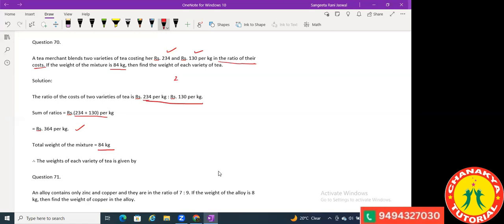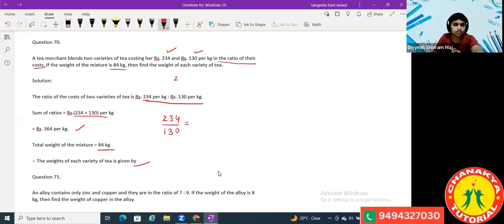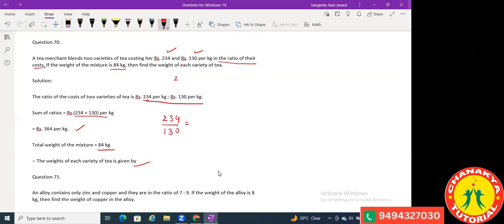Now you have got the ratio also. If I have this ratio 234 by 130, can I reduce it to lower form? Yes, ma'am. Please reduce it to lower form and tell me what you get.